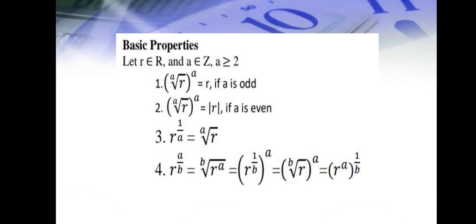Number 4, r to the a over b is equal to the bth root of r to the a, equals r to the 1 over b to the a, equals the bth root of r to the a, which is equal to r to the a over b.